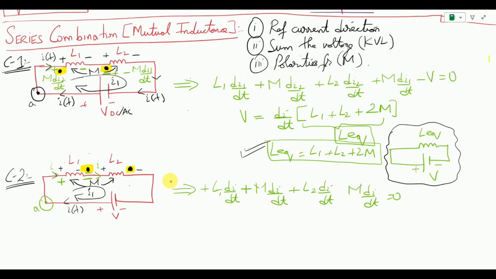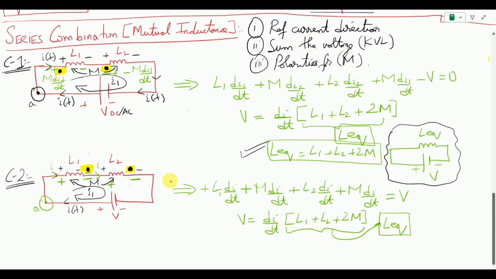This means the polarity here will be negative and here it will be positive for M. So the equation again becomes plus M di by dt. Finally, obviously this equals the voltage V. So the equation V equals, if I take the current di by dt common, I get the same effect of L1 plus L2 plus 2M, and this portion is again my L equivalent.